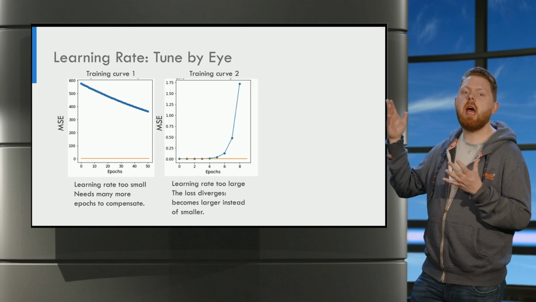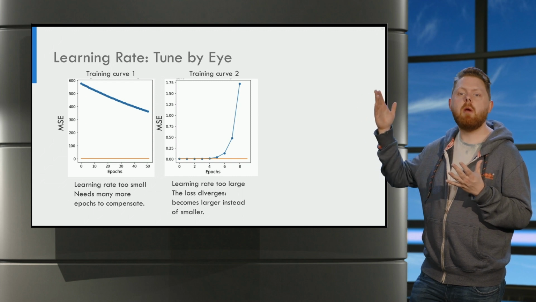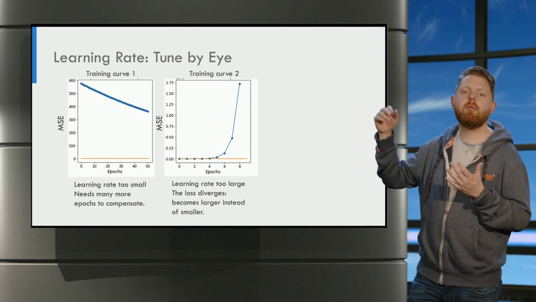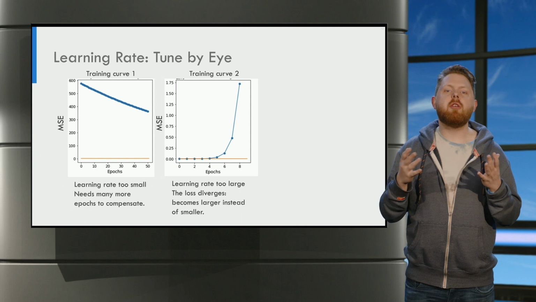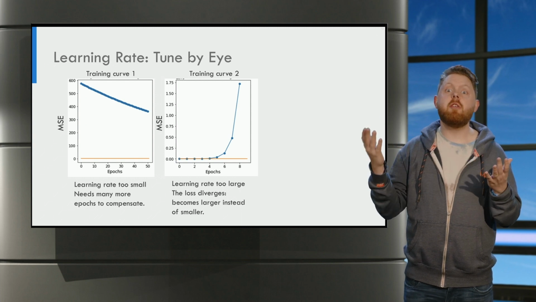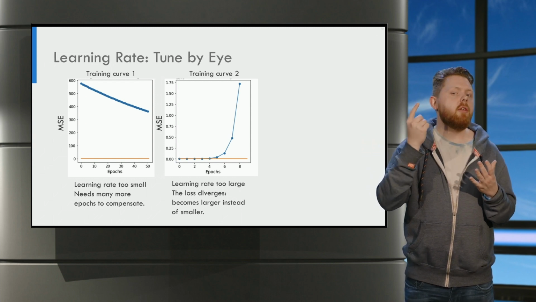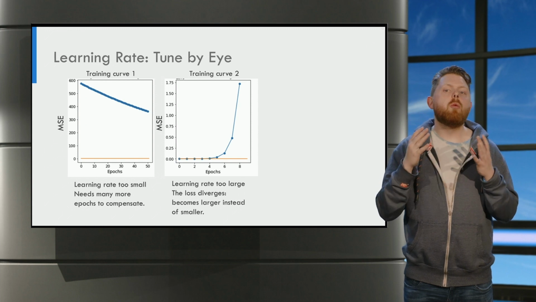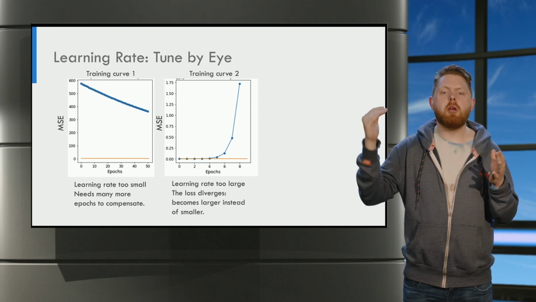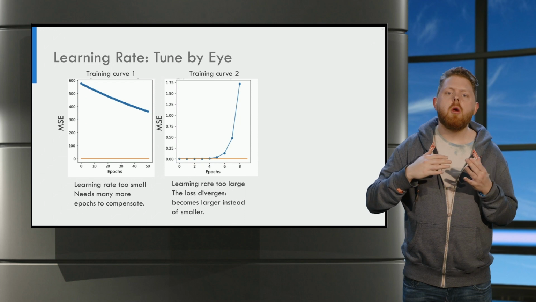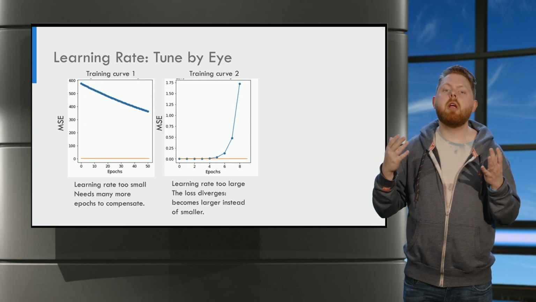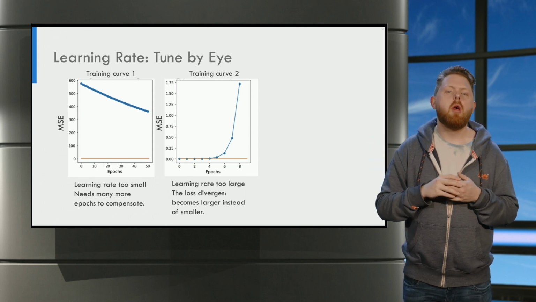Imagine we have increased eta, the step size, and we obtain this training curve. Observe that the objective function is increasing. This is not what we want. The objective should always become smaller. We also say learning is diverging.